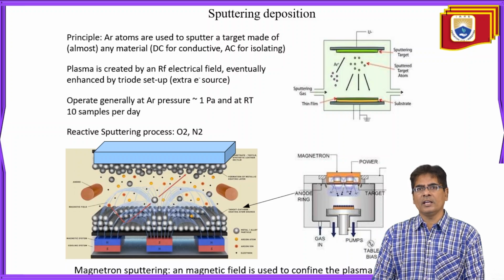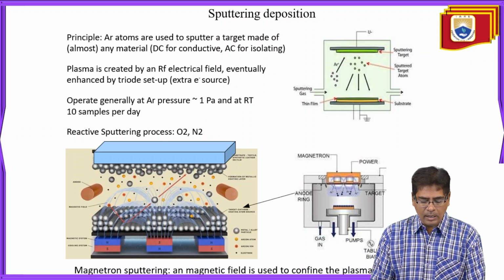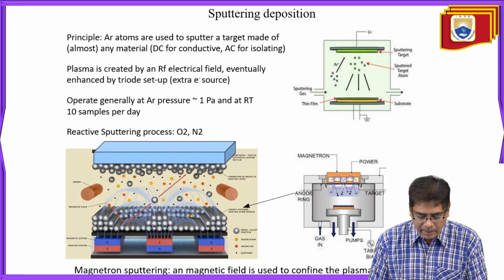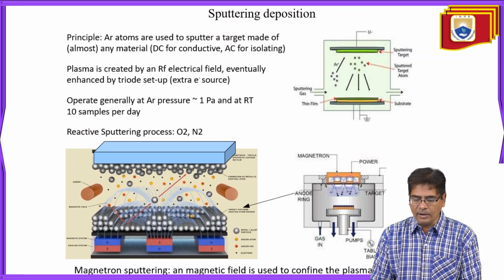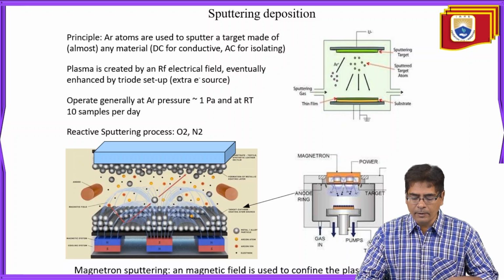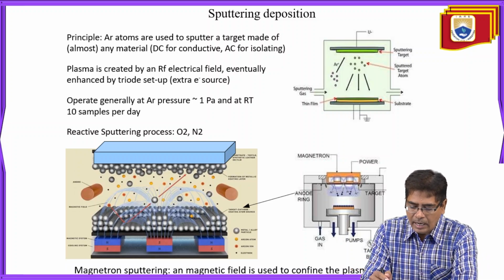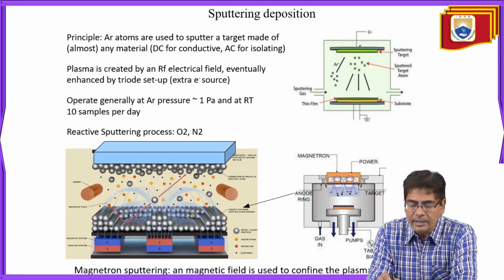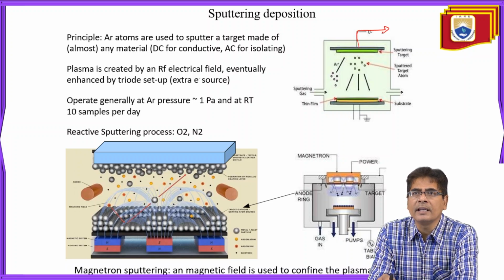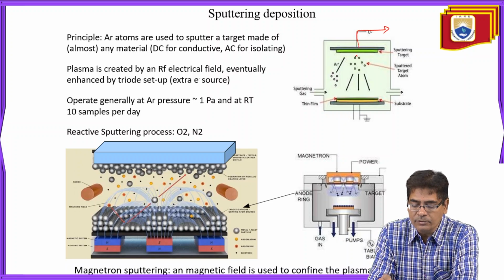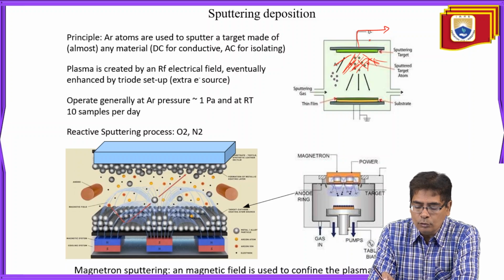The reactive process takes place with oxygen and nitrogen gas. In magnetron sputtering, a magnetic field is used to confine the plasma. Here we have a substrate and the sputtering target. This sputtering target is being given certain energy, so the atoms scatter in different directions.